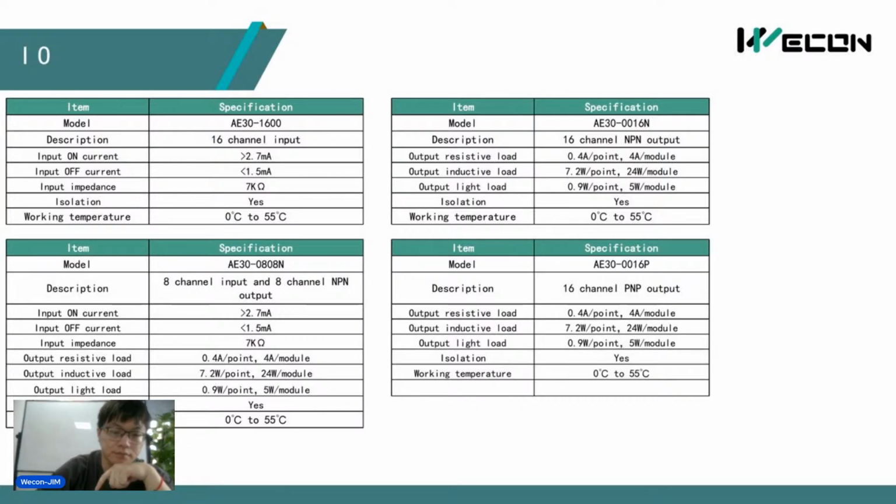For the working temperature, all our modules are set from 0 to 55. And for I/O modules, the input and output channels all support isolation. And there are different currents to trigger the input or output signal.